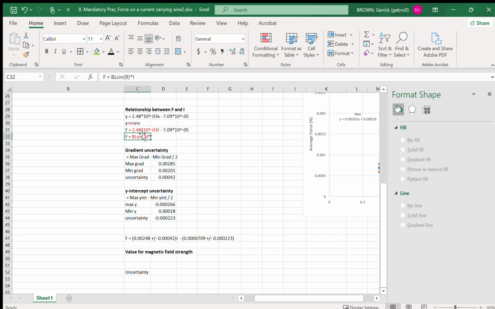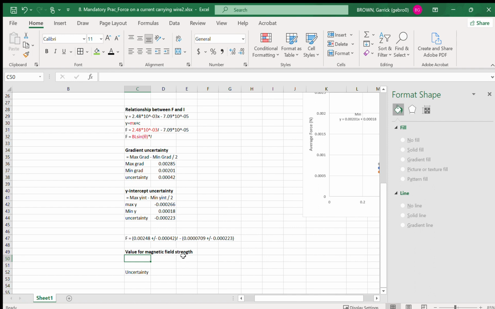That is actually our gradient value, and that gradient value we can see maybe a bit more clearly here, 0.00248. Okay. For the moment, we are going to disregard the uncertainty value in this, and we'll bring that back in a little bit later when we do the percentage uncertainty.